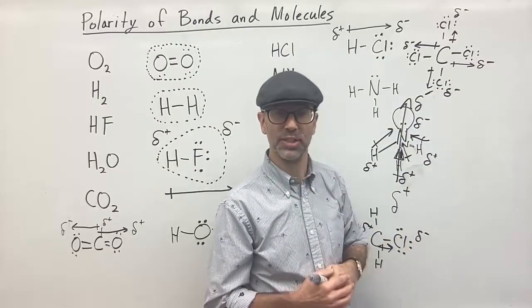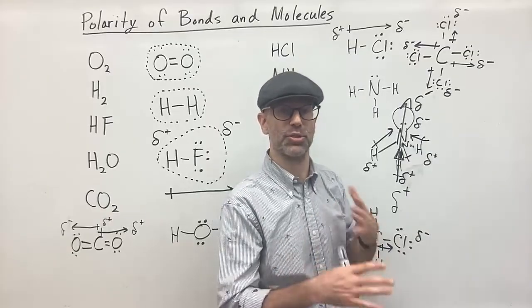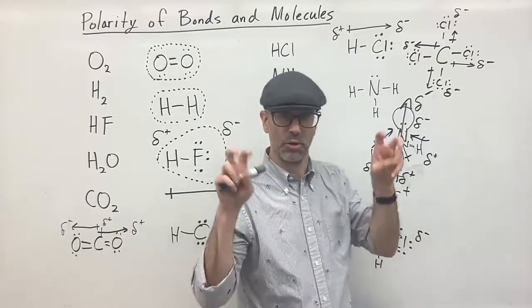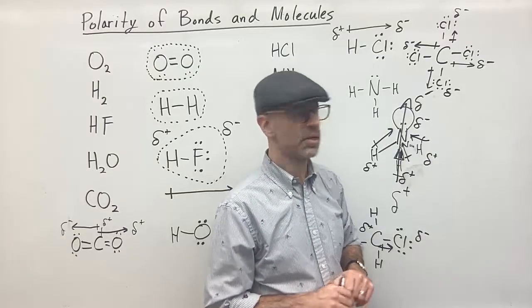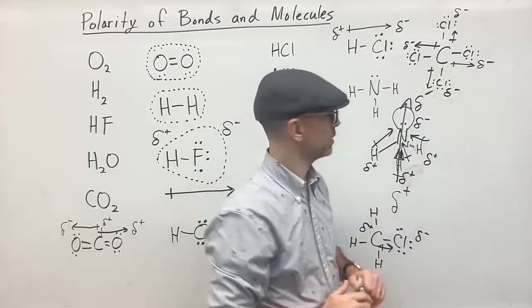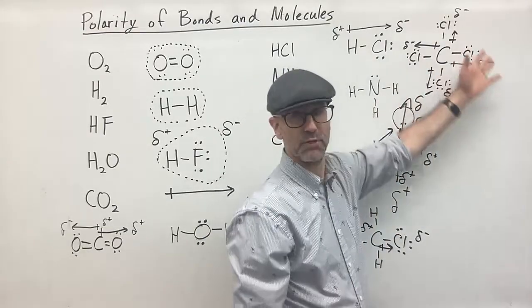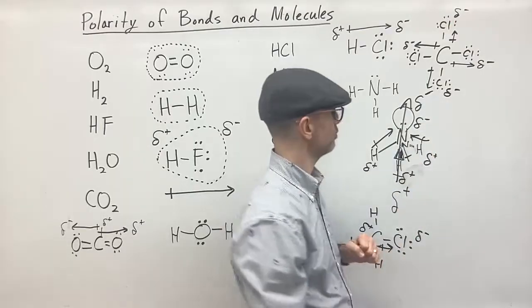The molecule itself will not be polar because of the symmetry. So the symmetry destroys, or quote unquote destroys, the polarity of the molecule. So they cancel each other out. Okay, so here's an example of a molecule that has polar bonds, but is not polar itself.